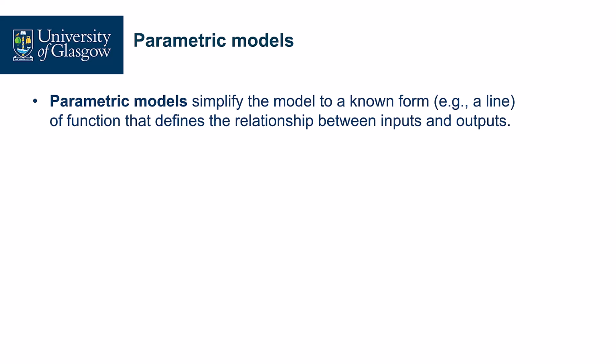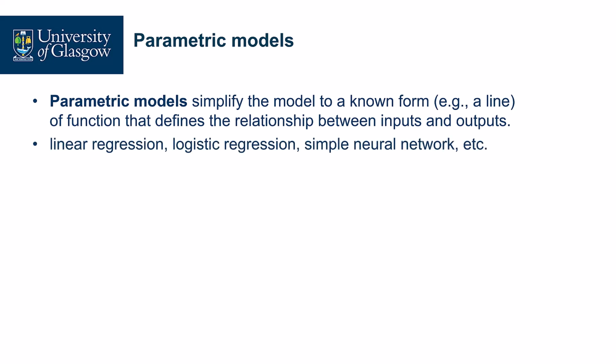So these are the pre-assumptions. We assume we know this form. Then we want to learn the coefficients to build a good model. This is what we call parametric models. There are many parametric models, for example, linear regression that we will talk about very soon, and also logistic regression and the simple neural network.